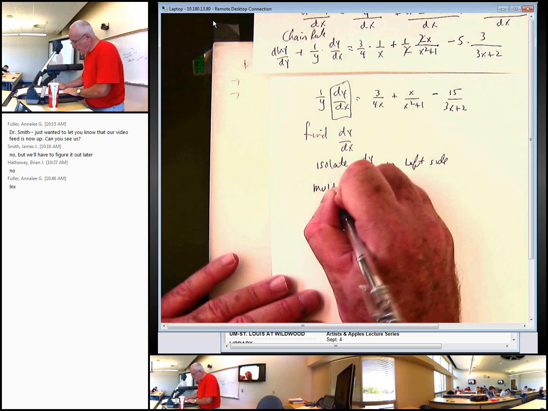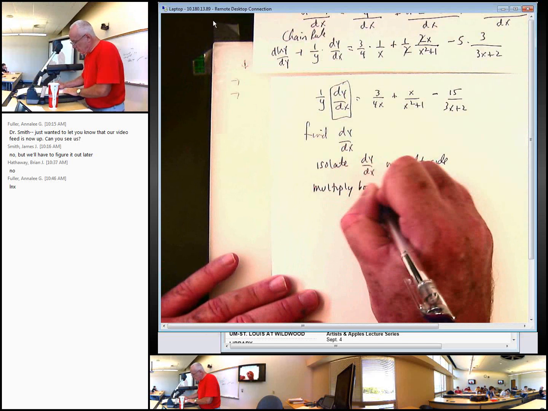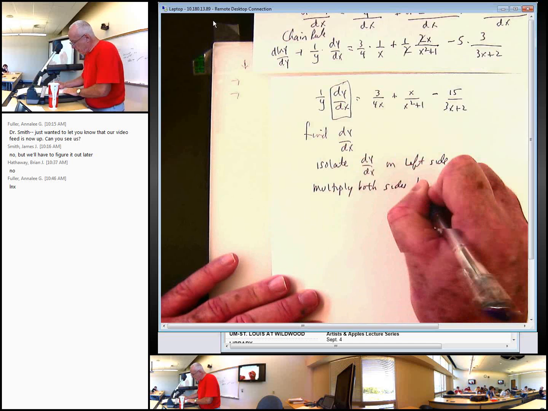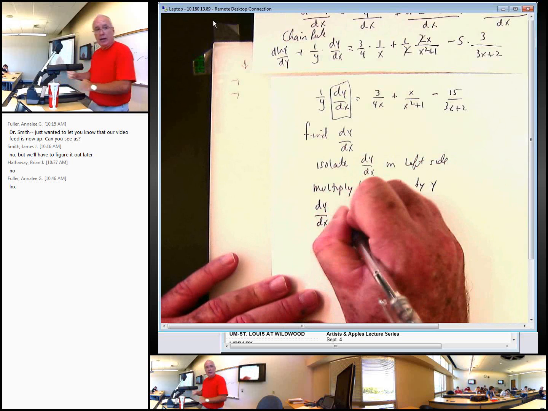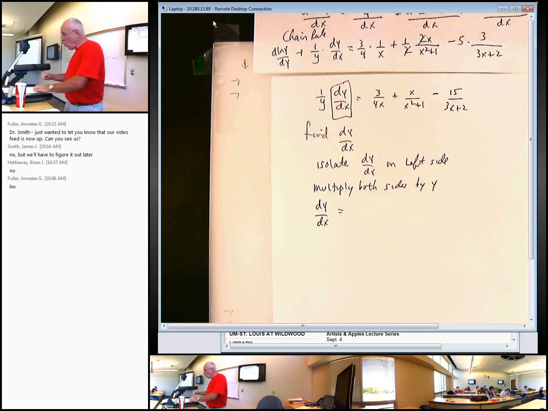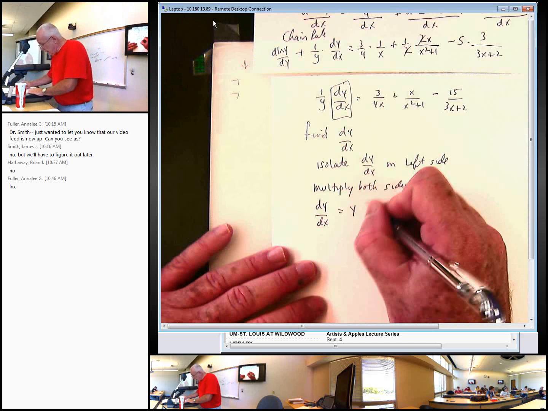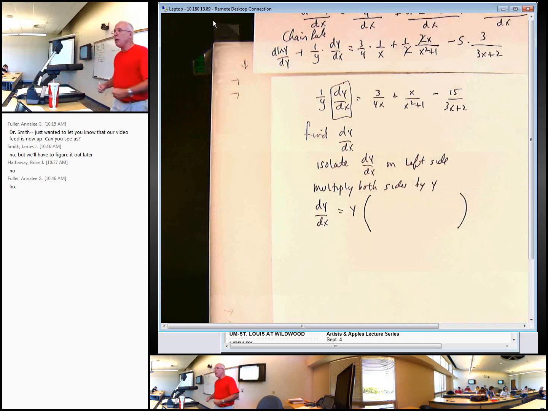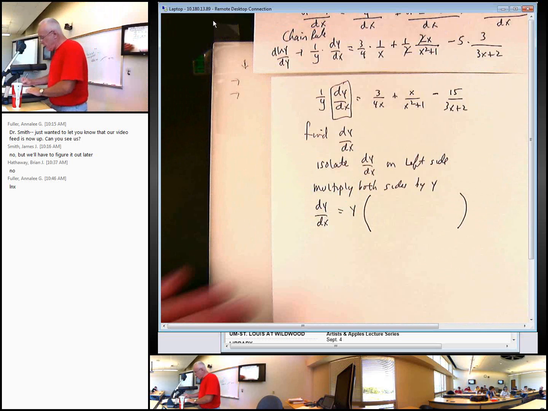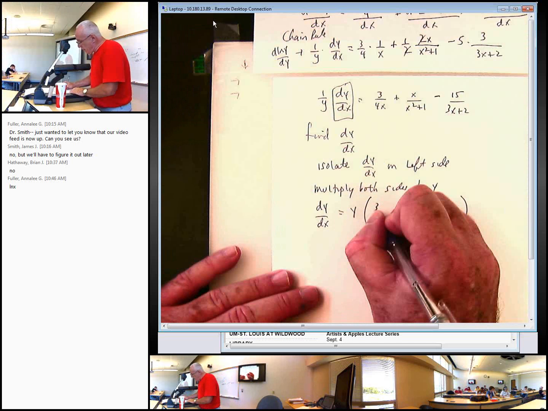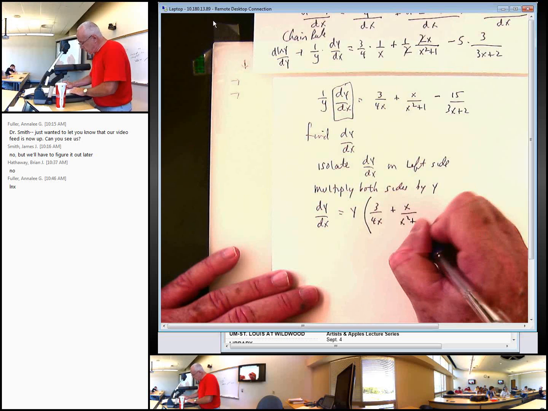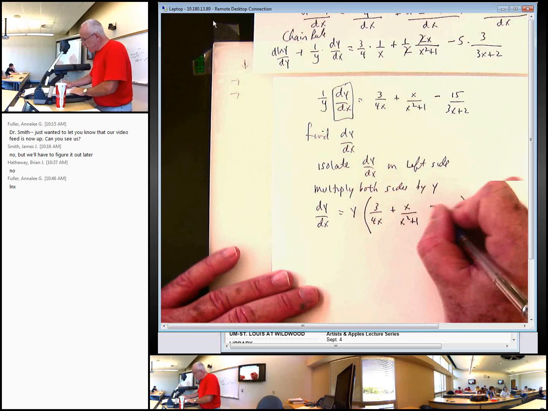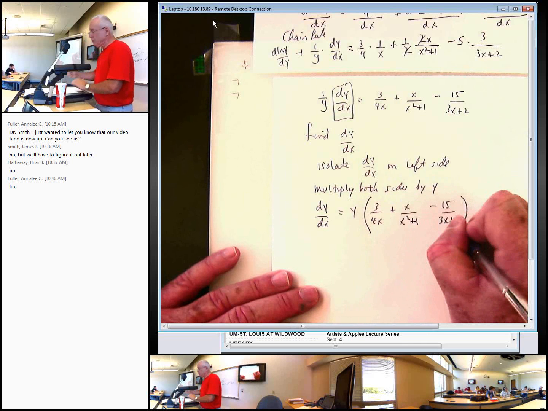So we get dy dx equals y, and then in big parentheses, we write what we already had on the other side. 3 over 4x plus x over x squared plus 1 minus 15 over 3x plus 2.